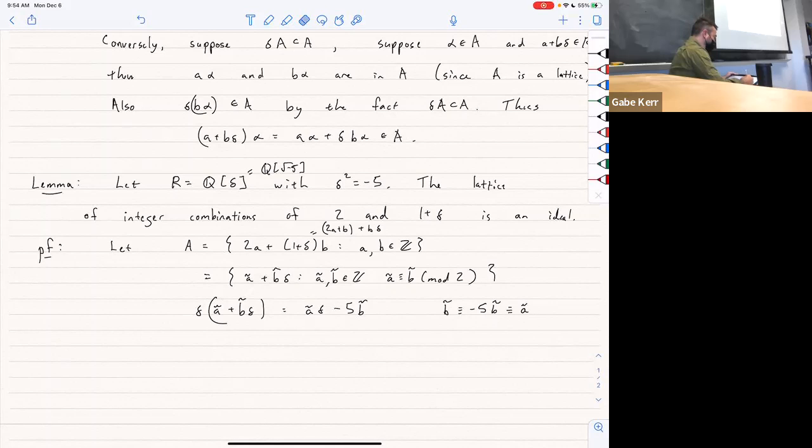So if b tilde is congruent to a tilde mod 2, then negative 5 b tilde is congruent to 6 b tilde. But that shows this, and we use the proposition.